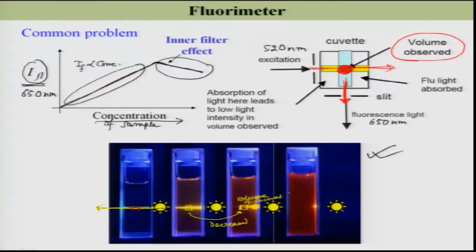If you increase more, then this excitation light even cannot penetrate, it just stops over here. So, there is no intensity. So, intensity will eventually drop to 0, like this, right. So, this is called the front surface absorption.